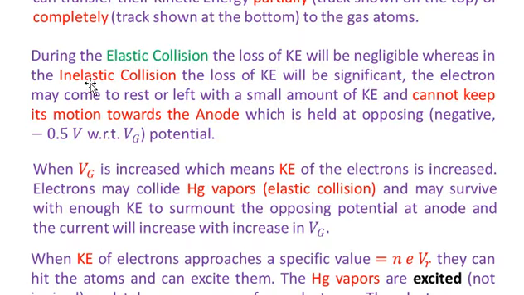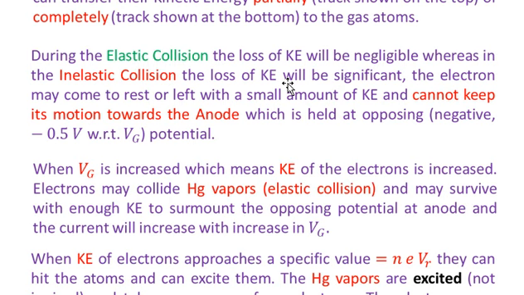And you see that during the inelastic collision, not every collision will impart its kinetic energy to the mercury atom. Only electrons with a kinetic energy which matches with, for example, the first excitation level in the mercury. When the energy of the electron matches with the first excitation energy of the mercury atoms or is greater than that, then that energy will be accepted by the mercury atoms.